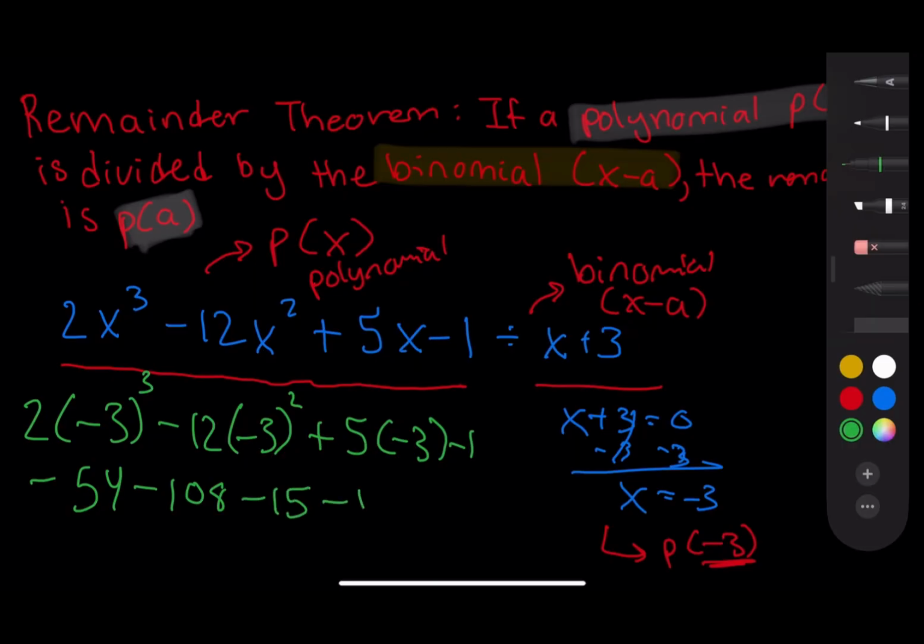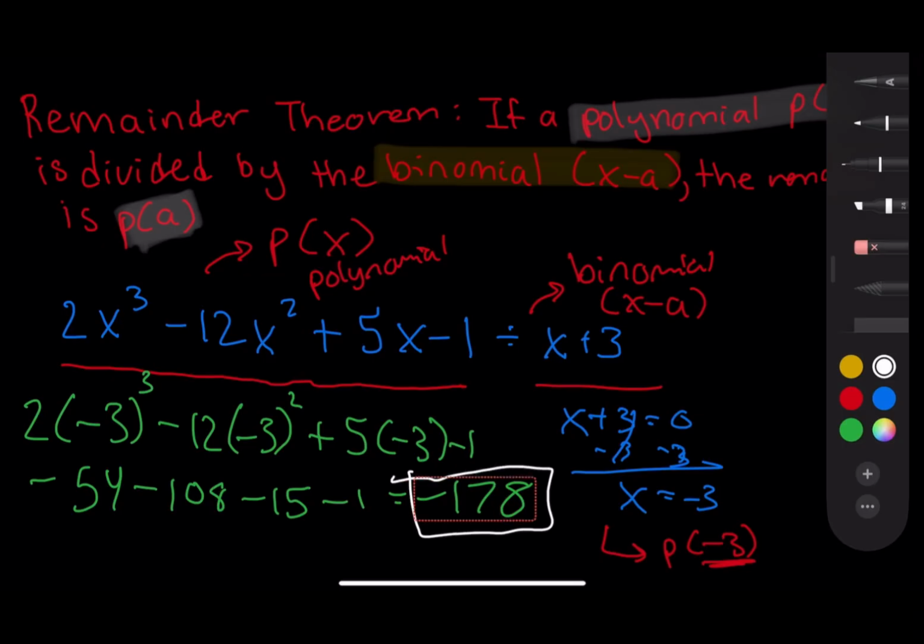Now let's put this in our calculator: negative 54 minus 108 minus 15 minus 1. And that should be negative 178. This number right here, negative 178, represents our remainder.